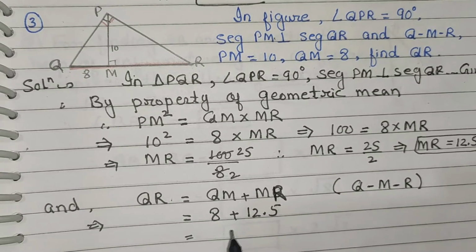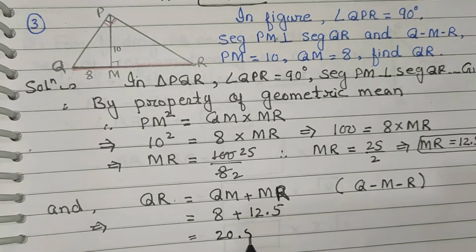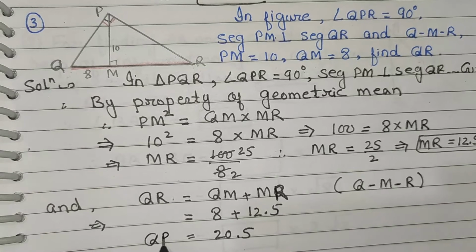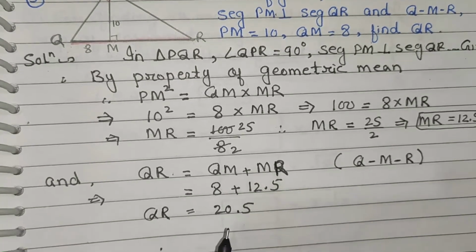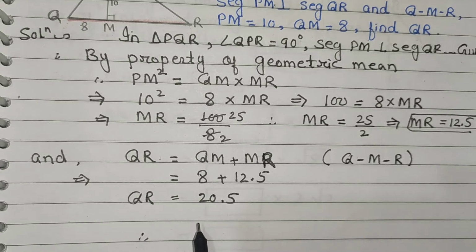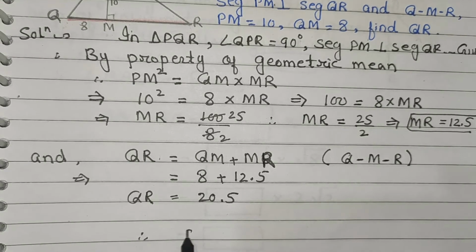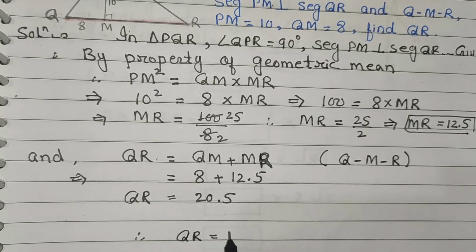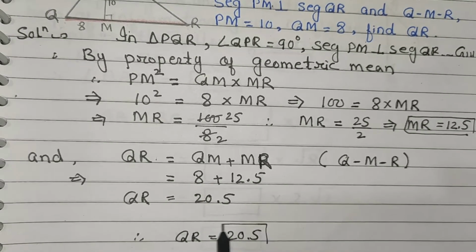Now add these two numbers, we get 20.5. It is the value of QR. Therefore, write down the answer here. QR is equal to 20.5.